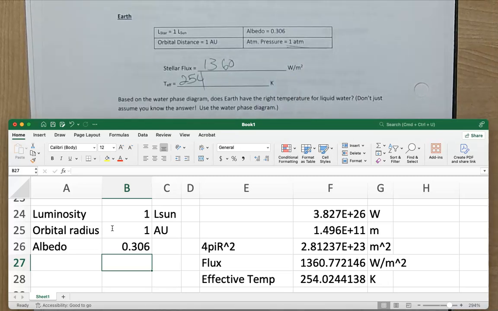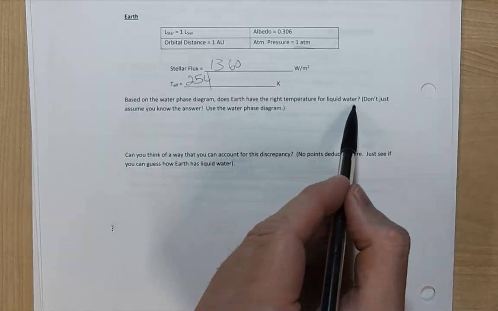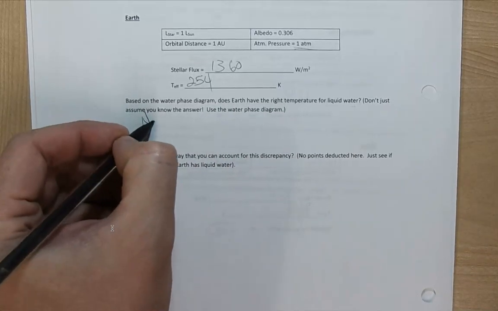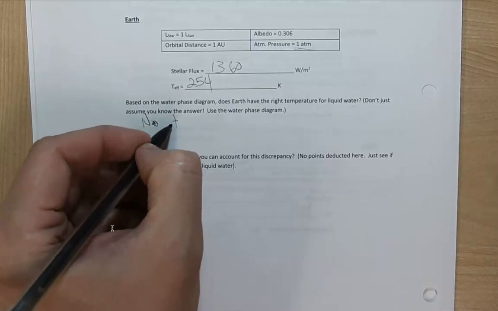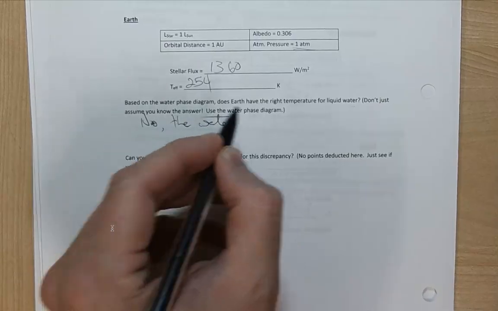The freezing point of water is 273 Kelvin under 1 atmosphere of pressure. So, based on the water phase diagram, does Earth have the right temperature for liquid water? No. At 254 Kelvin, the water should be solid.